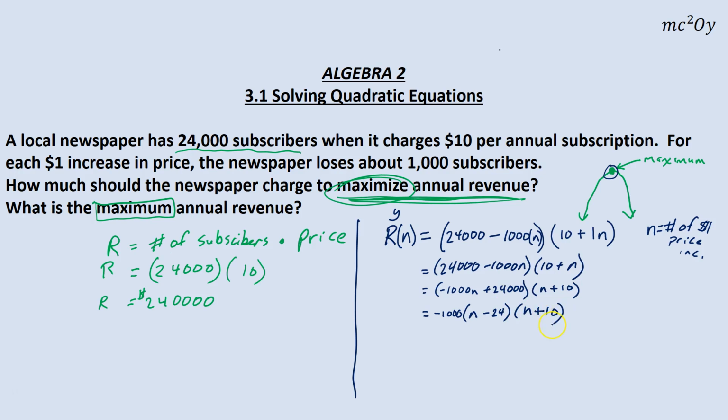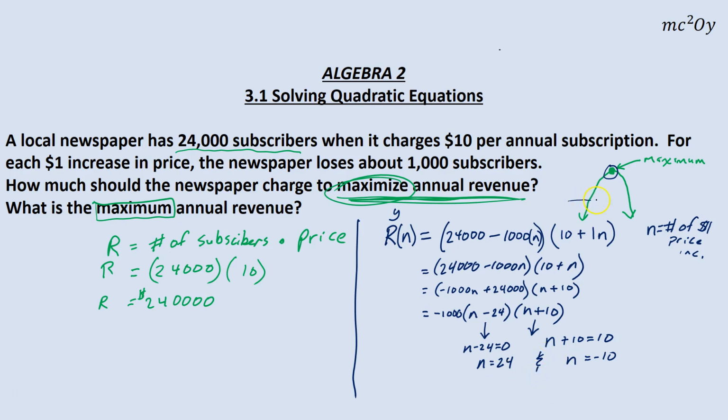Notice I have a factored version now, which helps me because I can find the x-intercepts, or in this case the N-intercepts. So N minus 24 equals 0, which means N would be 24. Then N plus 10 equals 0, and N would be negative 10. So my solutions are 24 and negative 10.